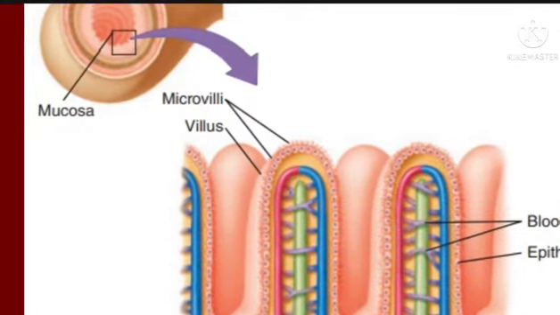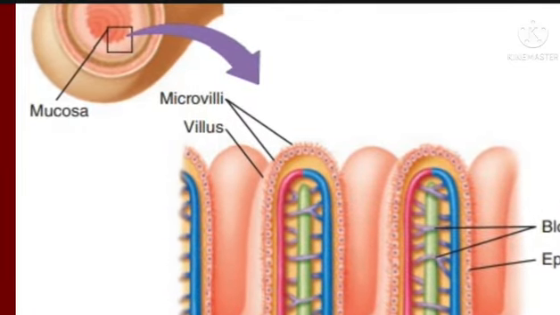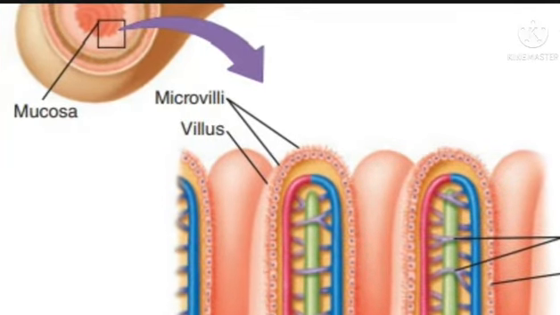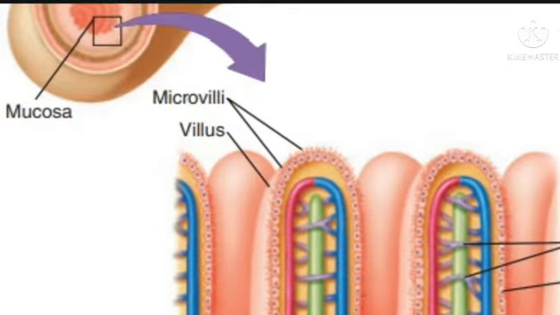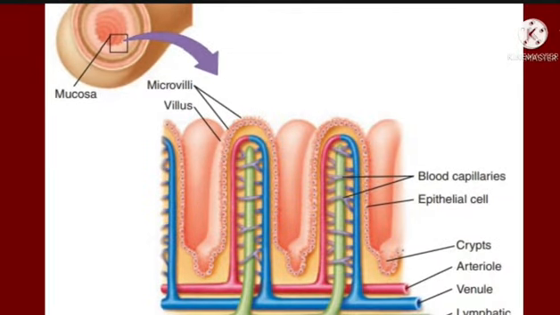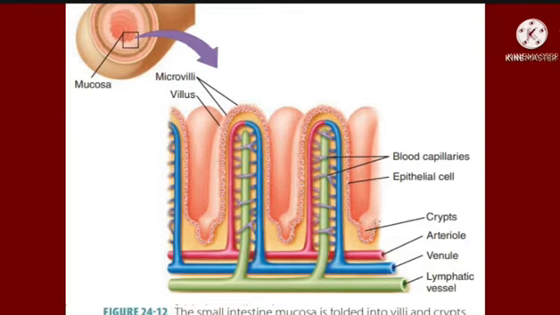The microvilli give a brush border appearance that increases the surface area enormously. Along with the villi, the ileal mucosa also contains mucus-secreting goblet cells and lymphoid tissues known as Peyer's patches, which produce lymphocytes.